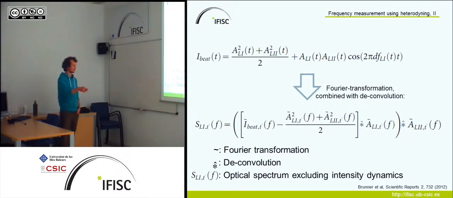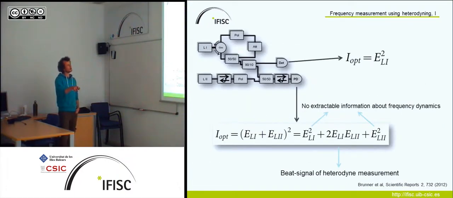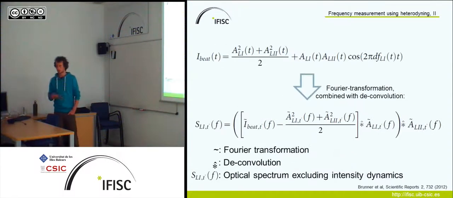For that we take the beat signal, we subtract these two intensities halved, and if you remember, this one is what we record here. So by detecting intensity dynamics we can clean the signal from any other artifacts, and since this laser intensity is constant, it can be neglected because of the experimental conditions of AC coupling.